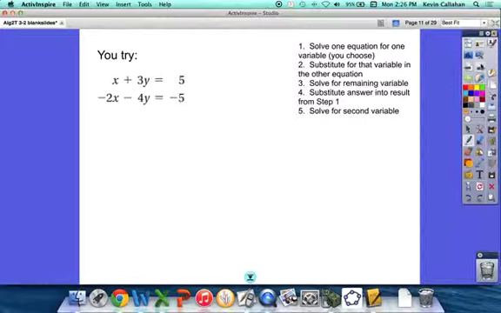So which equation are you solving for which variable? Yeah. Probably the first one for x would make it the easiest possible problem.